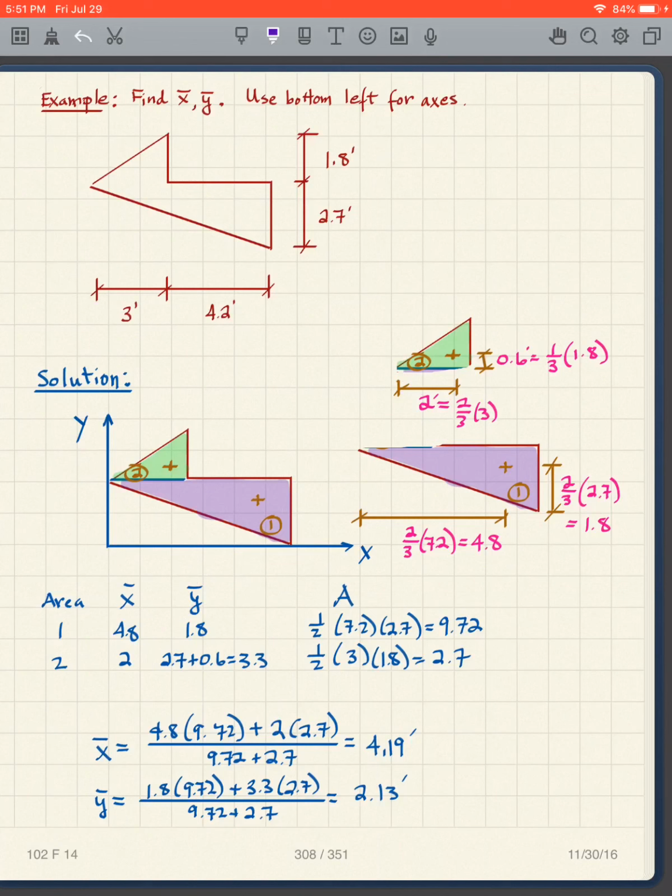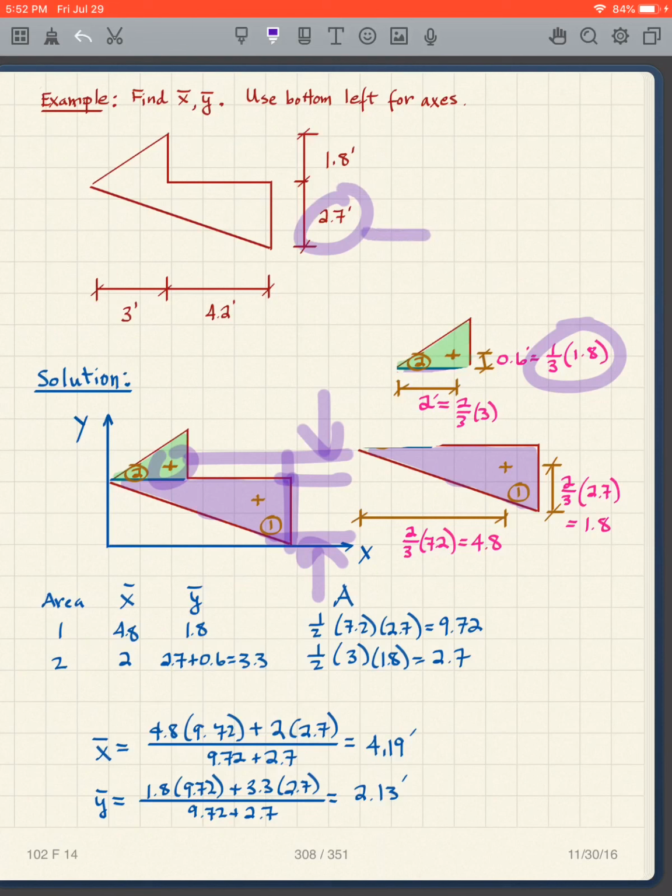But for the y bar, I know this distance, but I have to add in the extra. In other words, I want the coordinates of that point, so I have to add those two distances together. I need this full distance, which is going to be the 2.7 plus the 0.6, so it's going to be 3.3.